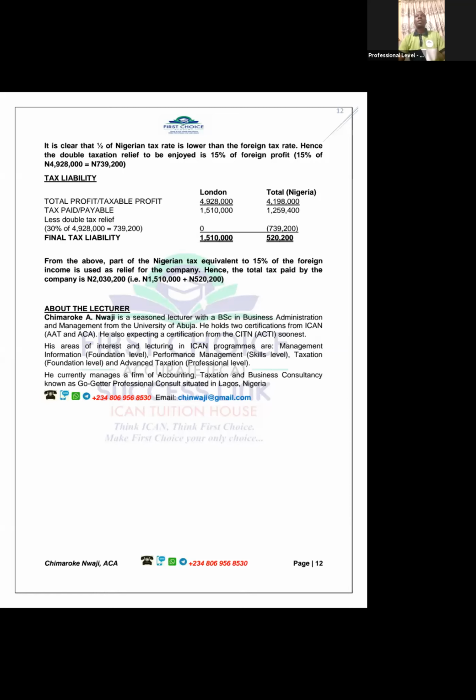So you see, when it comes to double taxation, we usually say residents, non-residents, and double taxation. They normally go hand in hand. A non-resident person is someone who is not domiciled in Nigeria, domiciled outside.